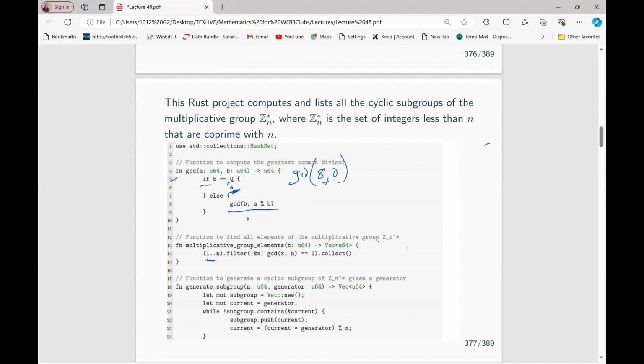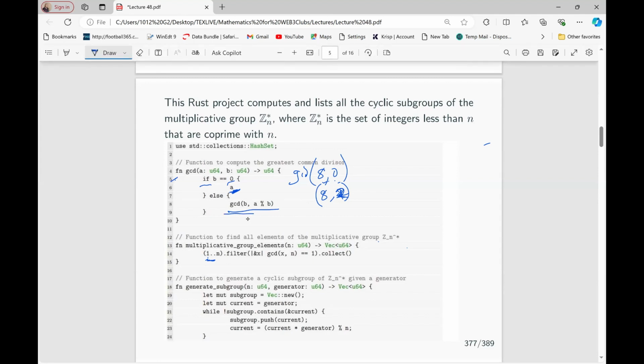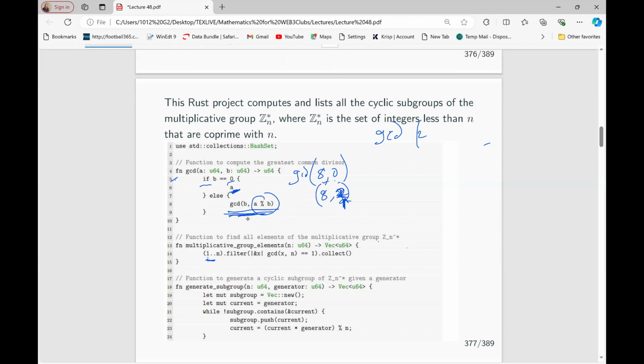Now, supposing we have 8 and 2. And we want to get the GCD. What this is saying is that you make a call for B and the remainder of A on division by B. The remainder, this is what that means.